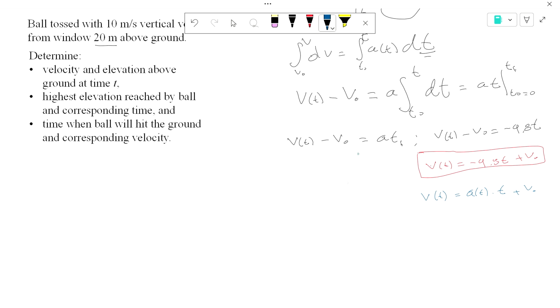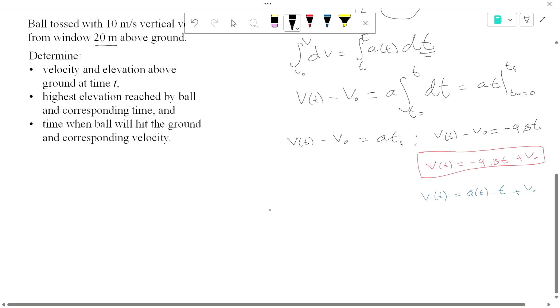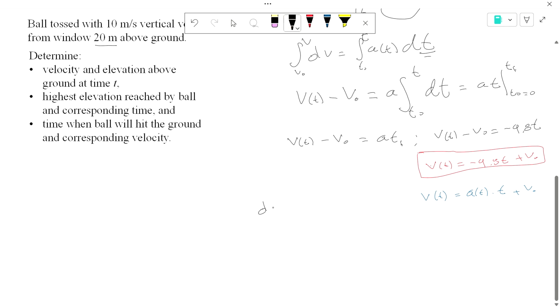Now, if we integrate that, well, first of all, recognize that dv/dt is equal to, or let's do this.